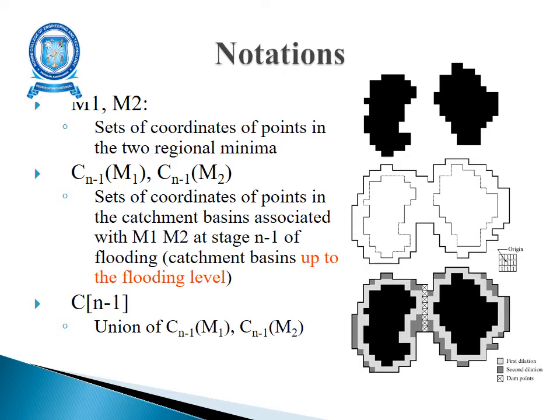So this is the union of minimum regional M1 and M2. We are checking the union, that is the third step.